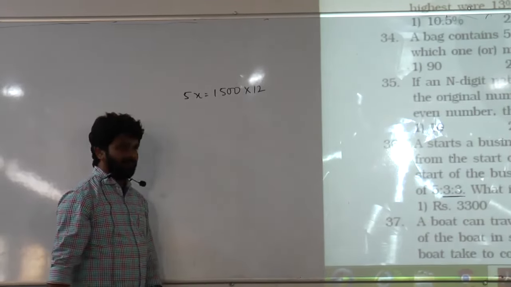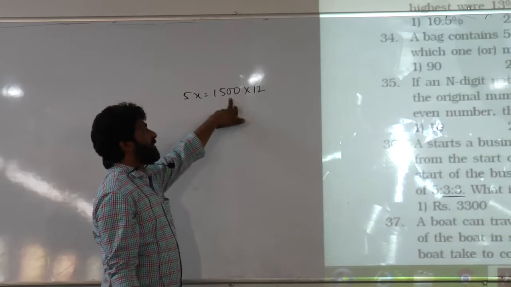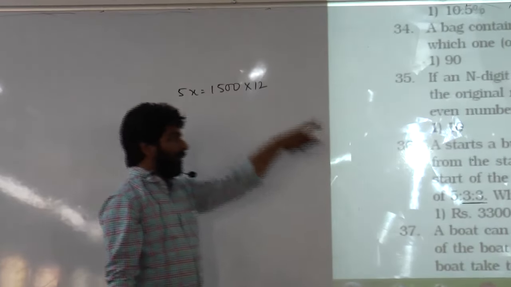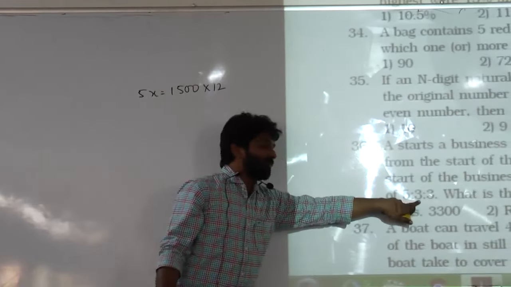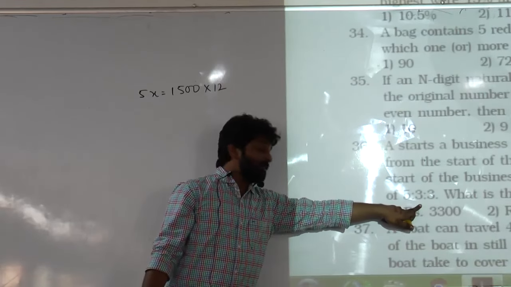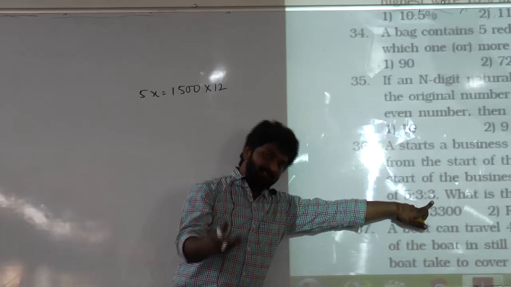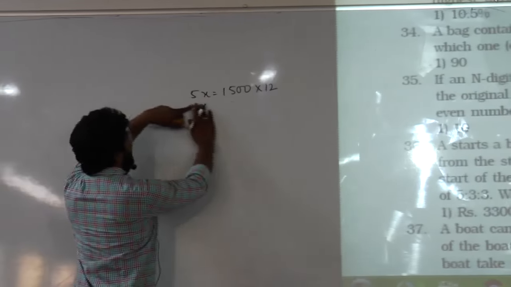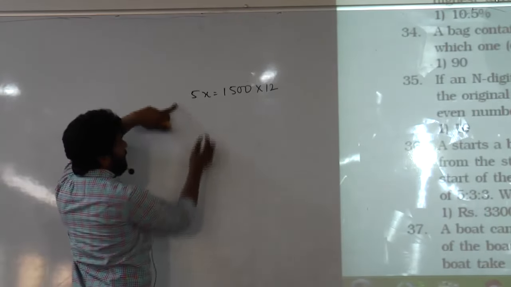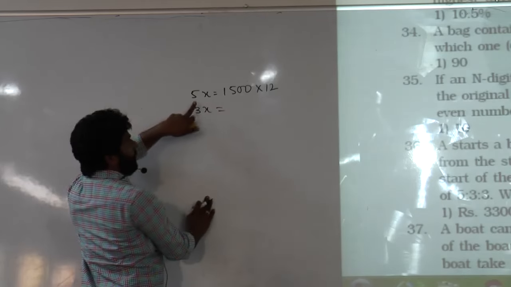Keep that aside. And you know that 5x is equal to 1500 into 12. How much is B getting here from the ratio? 3x. And C? 3x. If 5x is equal to 1500 into 12, what about the 3x value?